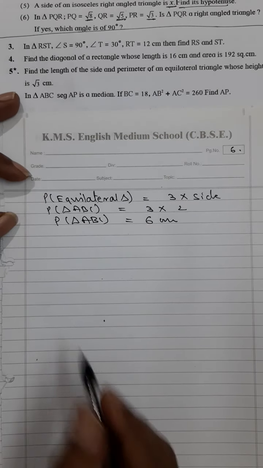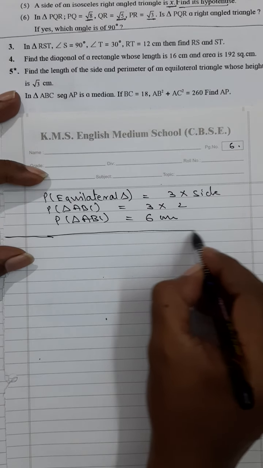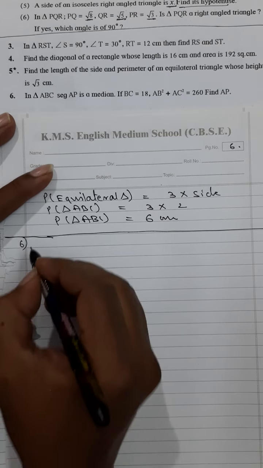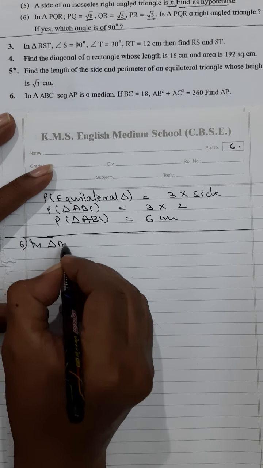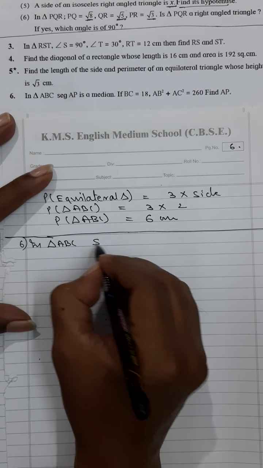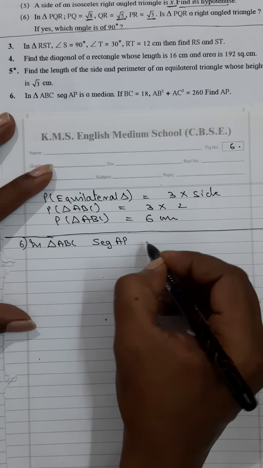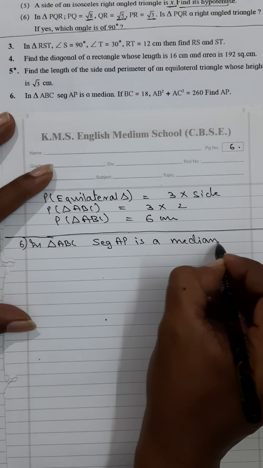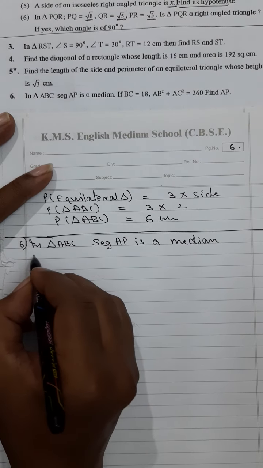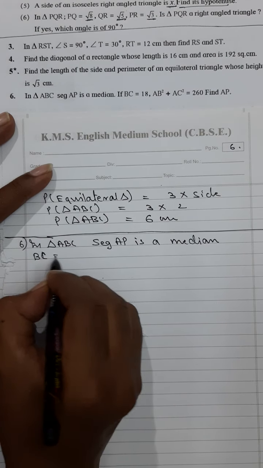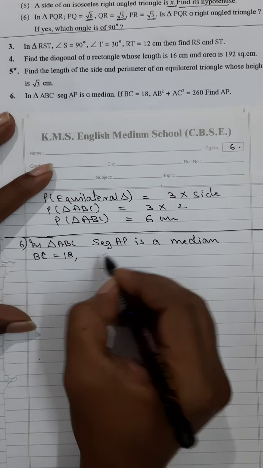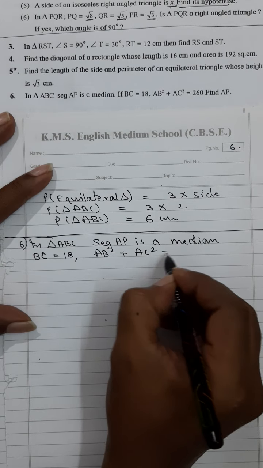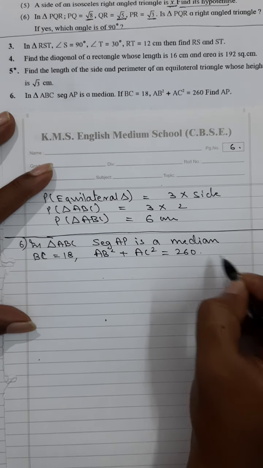So going to the next question, that is question number 6. In triangle ABC, segment AP is a median. BC is equal to 18, and they have given AB square plus AC square is equal to 260.